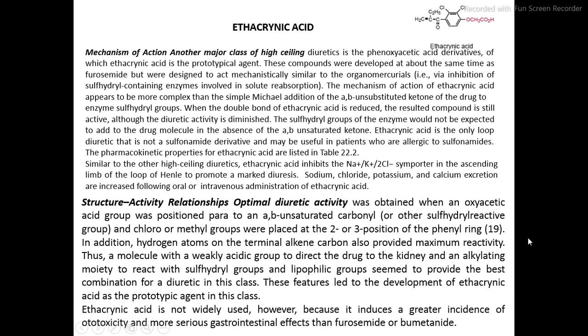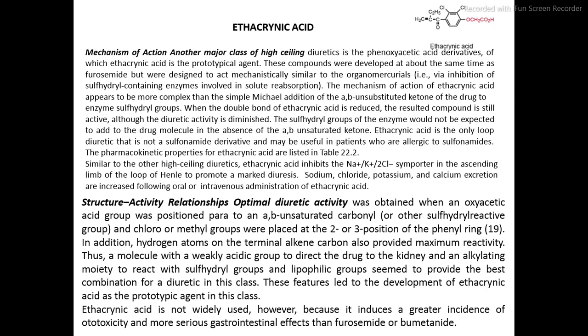The chloro or methyl groups were placed at the 2 or 3 positions of the phenyl ring here. In addition, the hydrogen atoms on the terminal alkene carbon also provided the maximum reactivity.